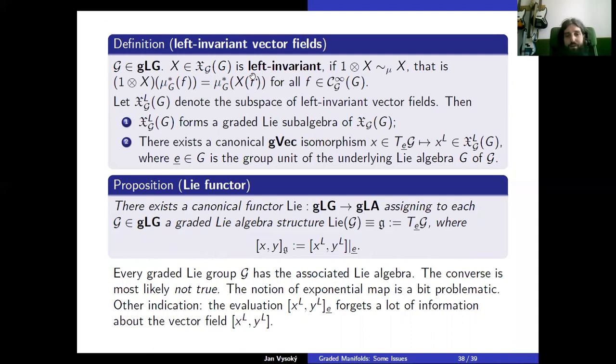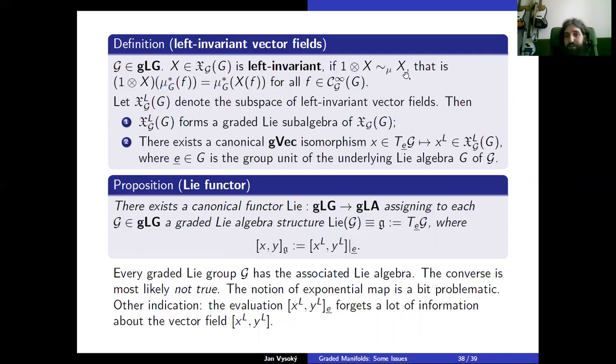You can look at G times G, and if you take a vector field x here, you define the vector field 1 times x, which means it's a vector field which locally contains only x, but using the coordinates only from the second copy of G, and it doesn't contain any derivatives in directions of the first copy of G. So it's a natural vector field you can construct, and this is a vector field on G times G.